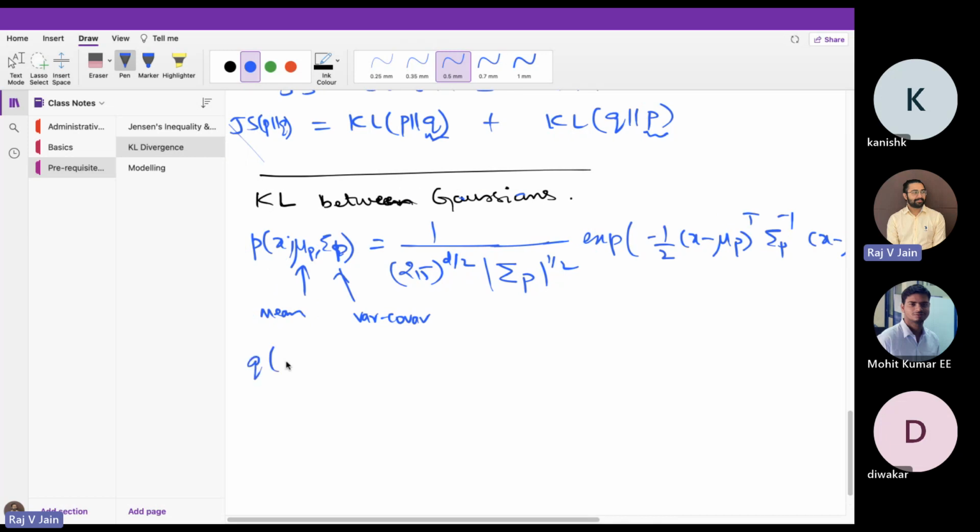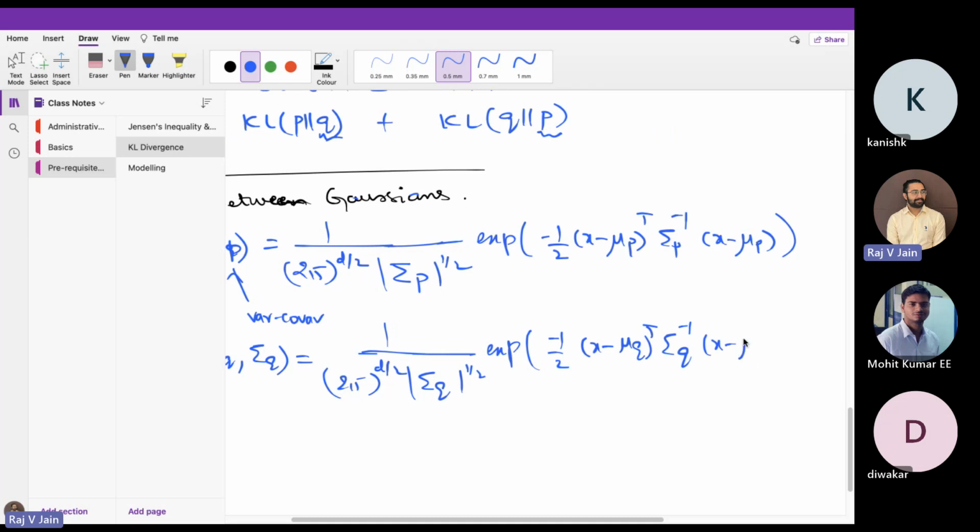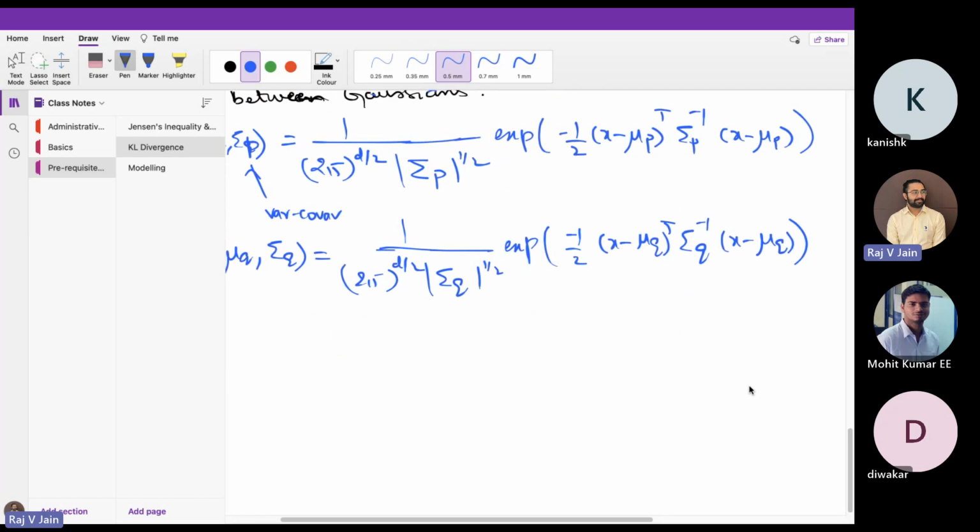Same thing, I have another distribution which is also a Gaussian, but with its own parameters, same formulation. Now what we want to look at is the KL between these two distributions, right? And by the way, if you draw your attention here, sigma p, sigma q.